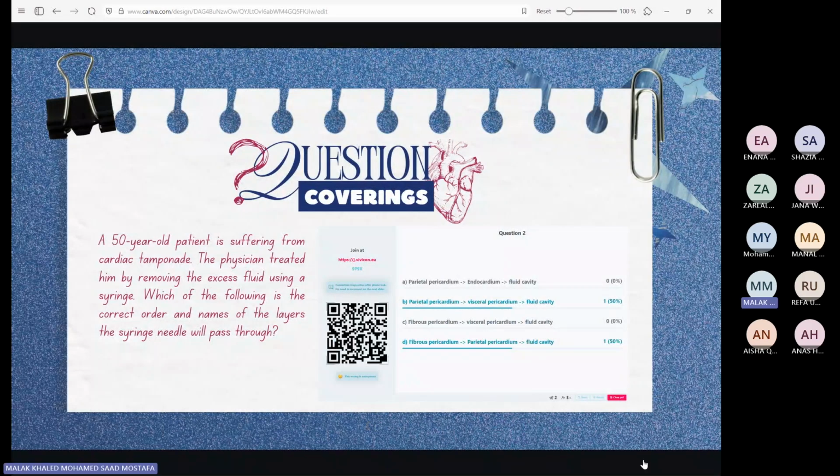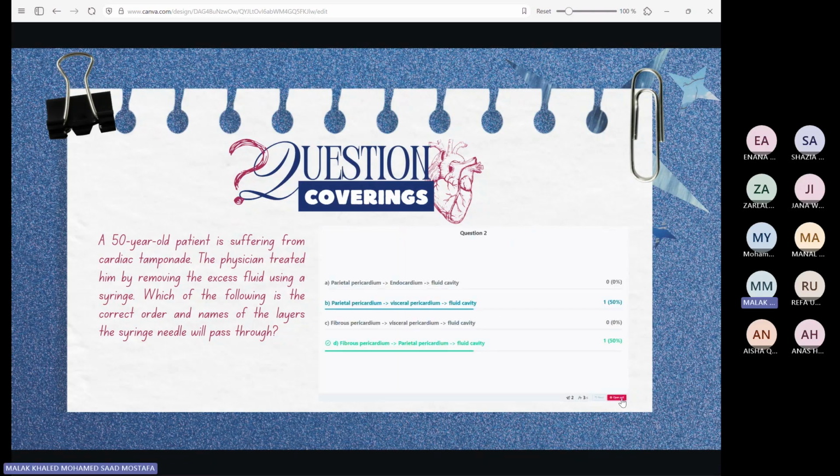We have parietal, then visceral, then fluid cavity, or fibrous pericardium, parietal pericardium, and then the fluid cavity. Well, honestly, the second option B is not wrong, but the most correct answer would be to go through the fibrous pericardium and then the parietal and then the fluid cavity.